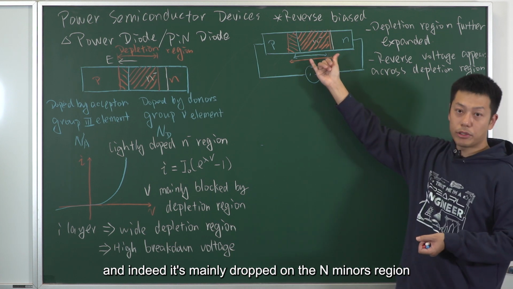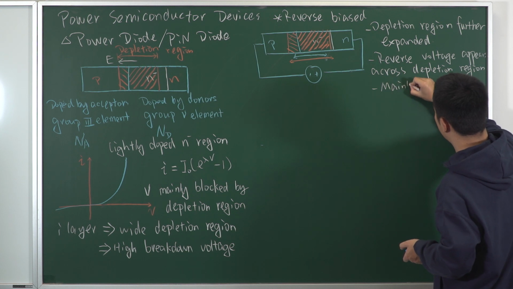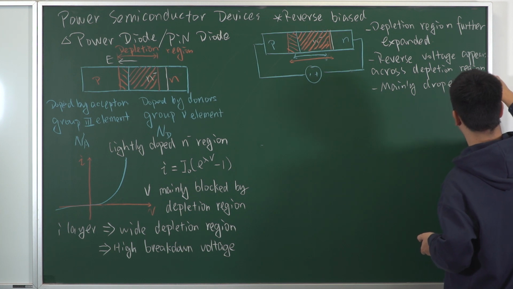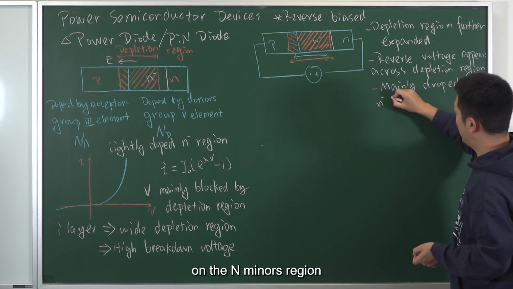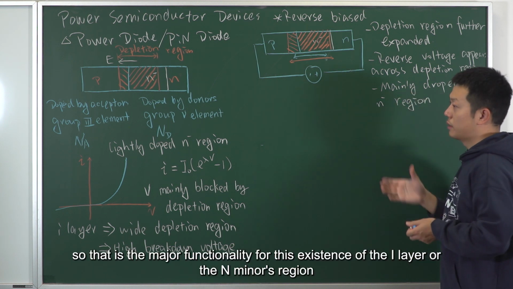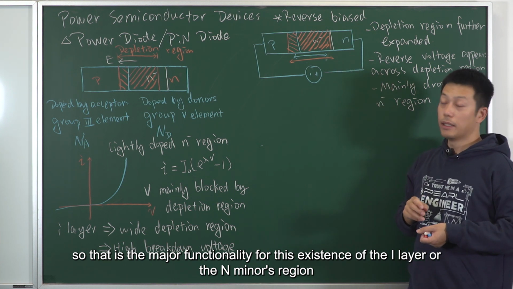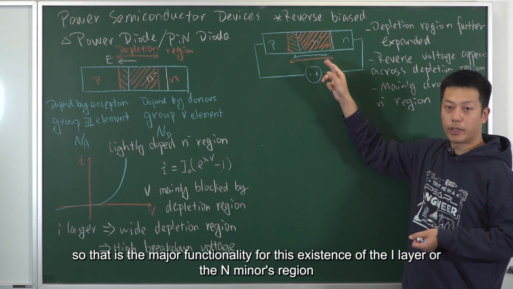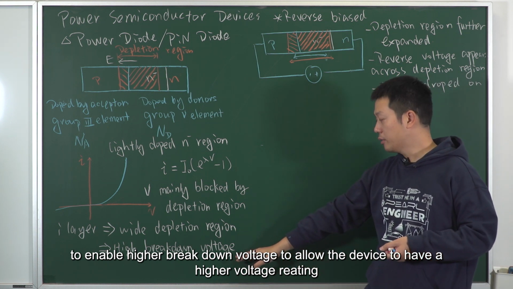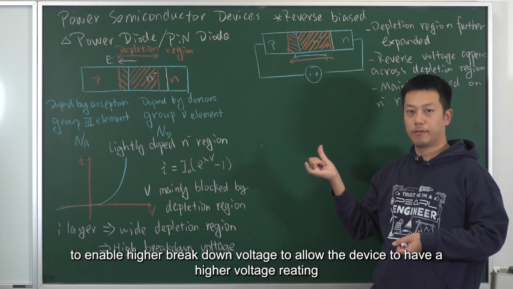And indeed, it's mainly dropped on the N minus region. So that is the major functionality for the existence of the I layer or the N minus region, to enable higher breakdown voltage to allow the device to have a higher voltage rating.